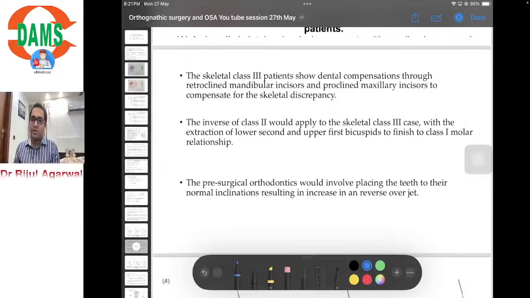So what we do is, the upper premolars are extracted in skeletal class 3 so as to increase the negative overjet, and then the surgery required will be either maxillary advancement or mandibular setback, or both, would be carried out.